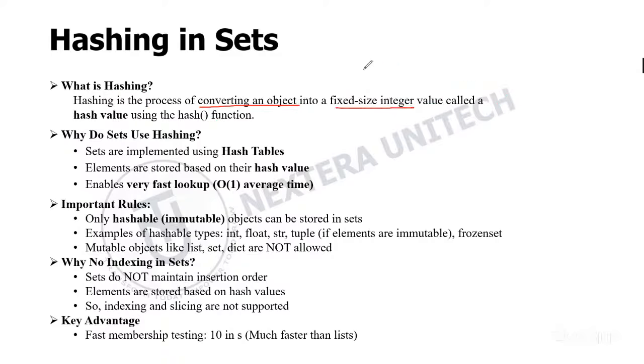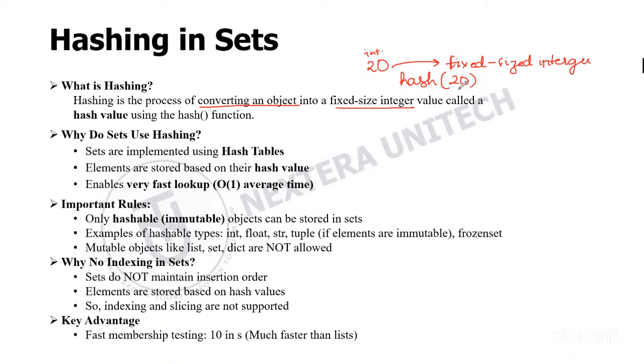Let's say you have an object, let's say 20. This int number is my object. What they'll do is convert this into a fixed sized integer. How will they convert it? They will compute the hash value of 20.